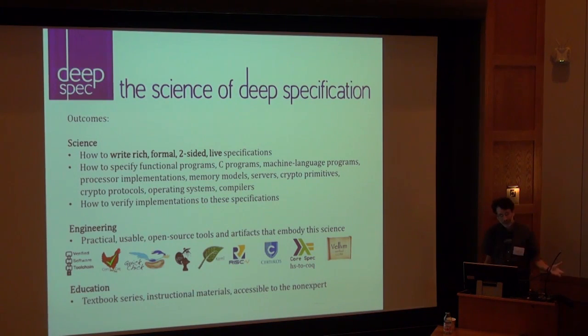And on the engineering side, we want to build practical, usable, open source tools and artifacts that embody this science. And we're going to produce the textbooks that teach the world how to use it. So that's DeepSpec.